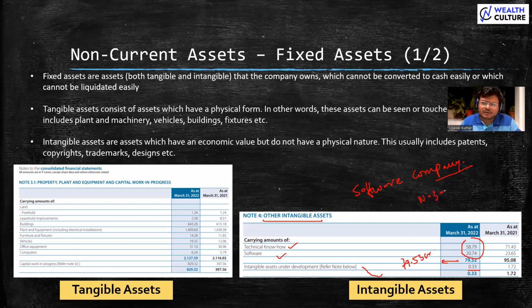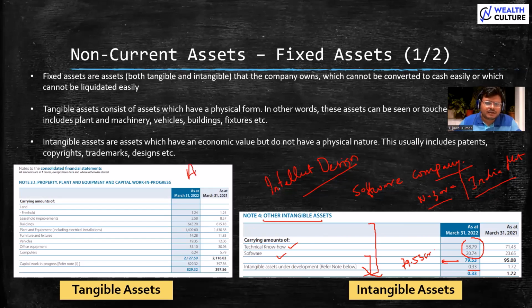Nazara, again a software gaming company, or IndiaMart, or companies like Intellect Design. These are software companies. They keep adding more and more new features, and that is an intangible asset for the company. So for software companies, this number will be slightly higher.